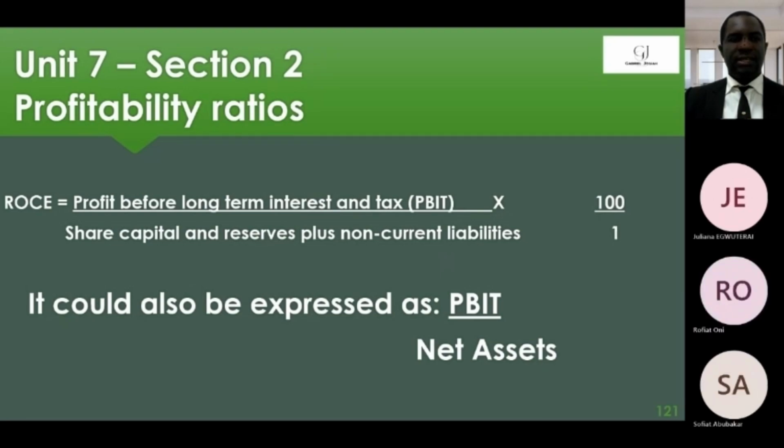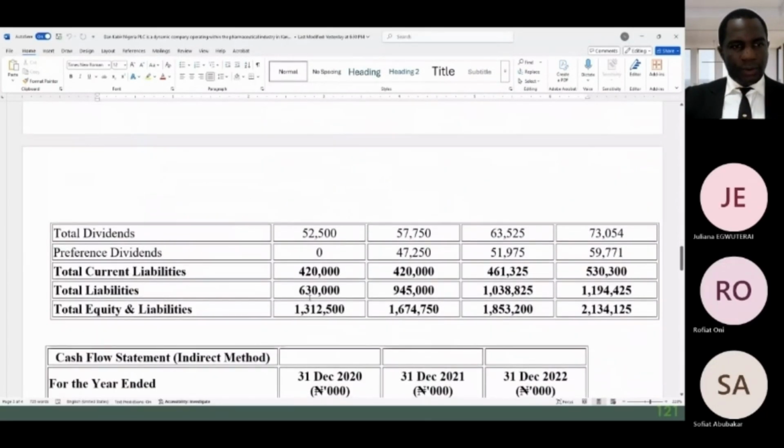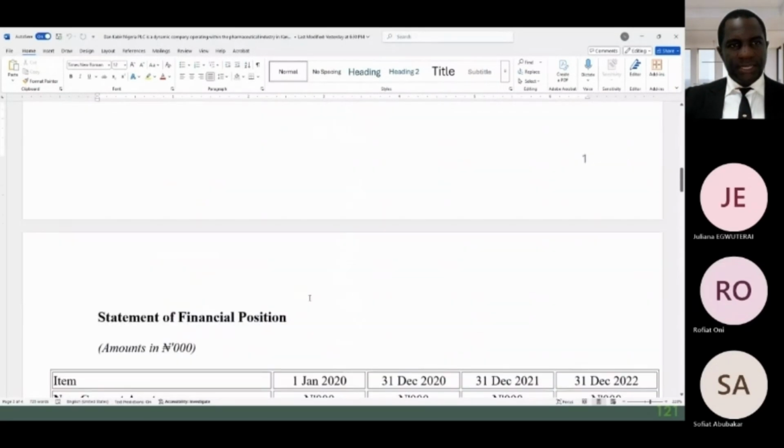So we'll calculate using the profit before interest and tax formula with the denominator as share capital, reserves plus non-current liabilities. And we can also calculate profit before interest and tax using the net assets. So we use the two variants and see what percentage it gives us. Okay, so back to Dan Kabir. We go to our profit before interest and tax, which is in the SCI.